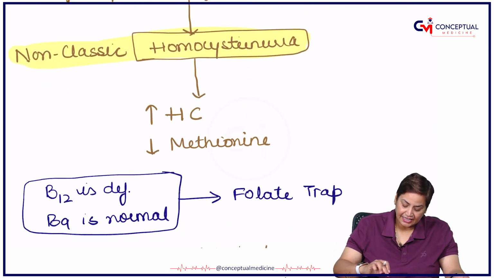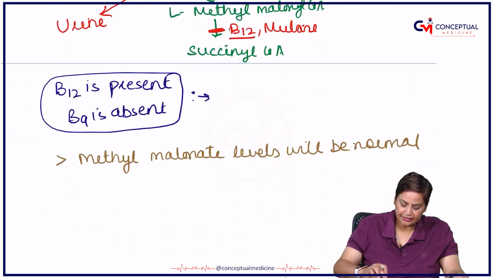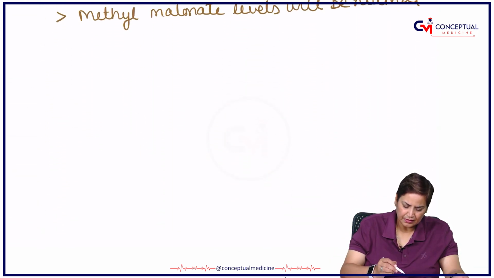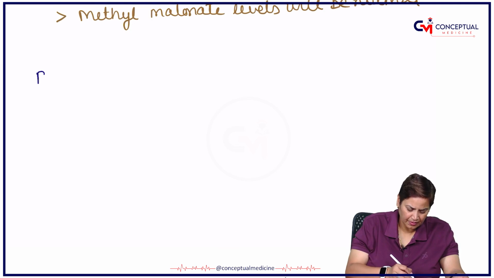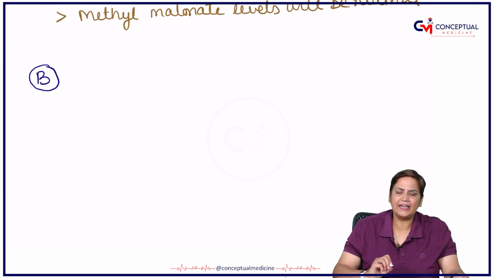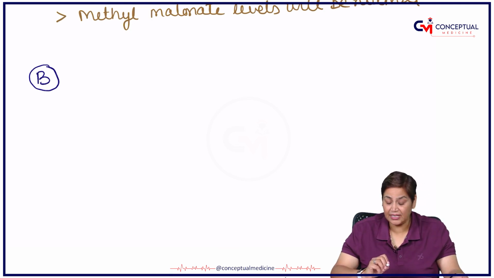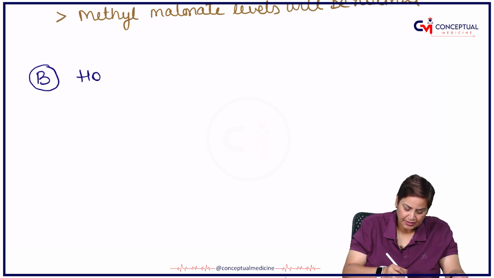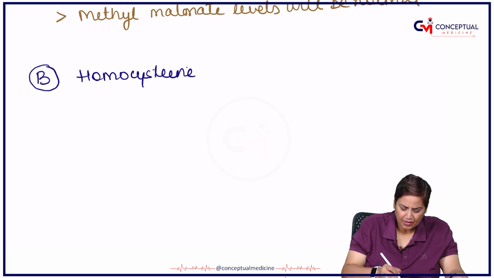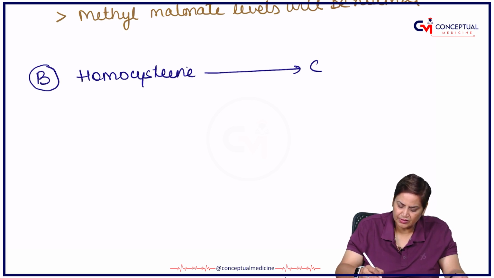Then second category of a reaction is in which homocysteine is being converted into cysteine. Homocysteine to cysteine.